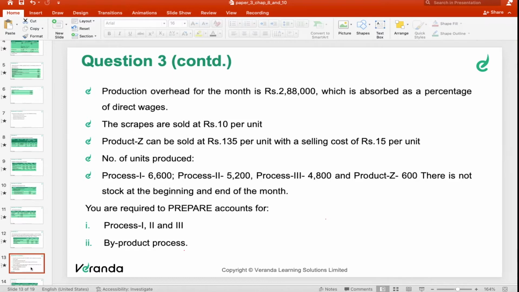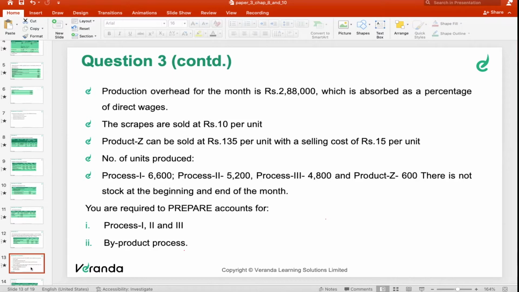But the end product is the cost unit. The very first topic we come across is what is called the cost center and what is called the cost unit, the basic concept, right? Here cost center is every process, therefore you have to prepare a separate account for each and every process. And the cost unit is the output of the end process.